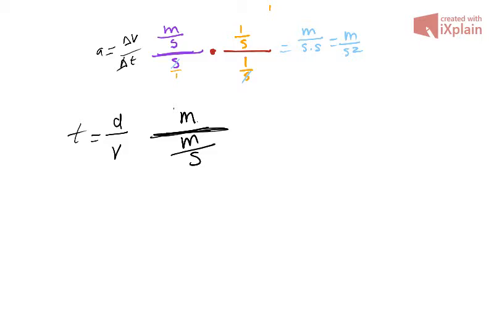This one is distance divided by velocity, or let's say displacement divided by velocity. All right, that would be seconds over meters, and these are multiplied together.